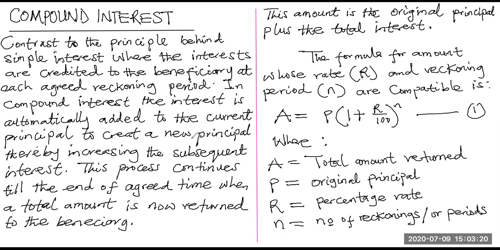But in compound interest, at the end of that month, instead of them crediting you, they automatically add it to the $100 you invested, to make it $110. This will now increase the amount of investment you have with them.